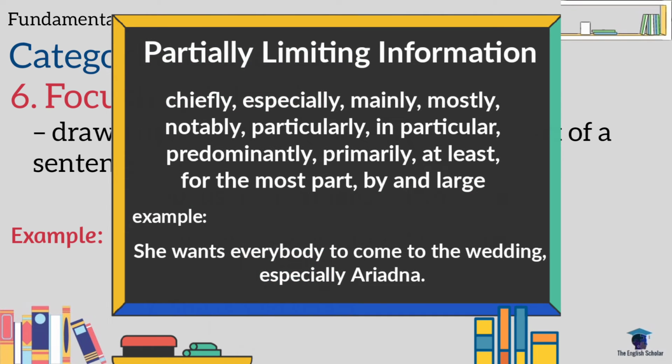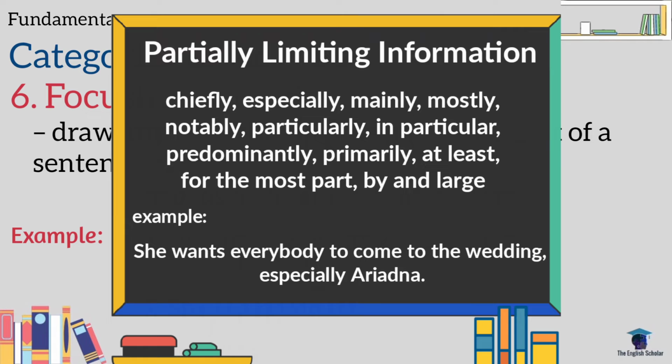Adverbs for partially limiting information. There will be times we want to emphasize information that isn't completely limited, but rather partially limited. For that purpose, we can use the following focusing adverbs: chiefly, especially, mainly, mostly, notably, particularly, in particular, predominantly, primarily, at least, for the most part, and by and large.